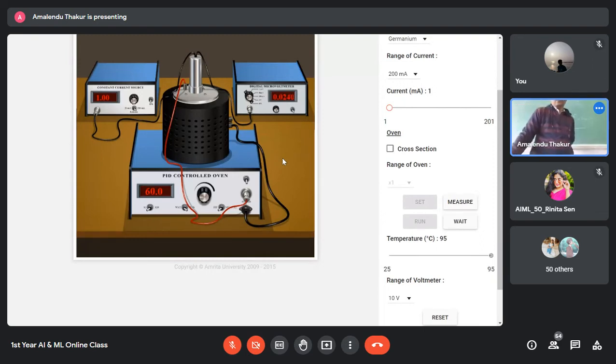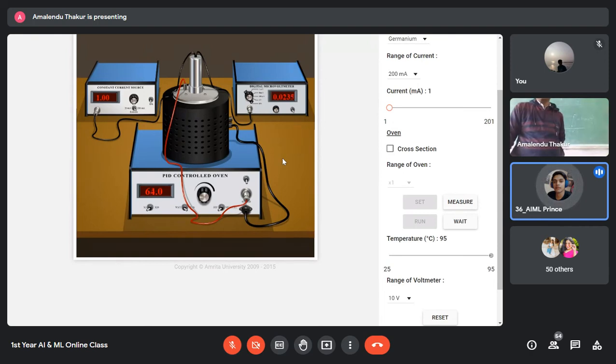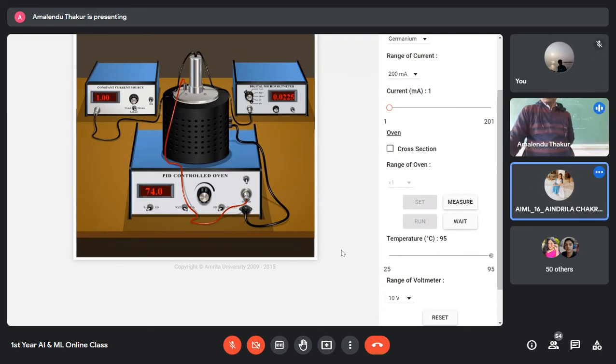Okay, now it is clear, students? But you told us to take the reading till 160 centigrade, but here it is 95 maximum. Yes, sir, and it's also starting from 25. Suppose this is the room temperature. You may imagine this is the room temperature.